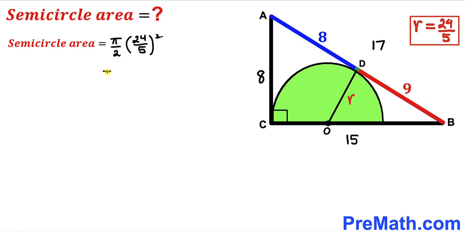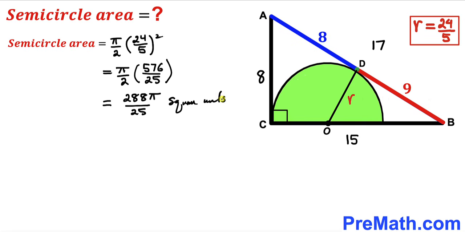Let's simplify. So we are going to get pi divided by 2 times 576 divided by 25. And if we simplify, that is going to give us 288 pi divided by 25 square units, the area of this green semicircle.